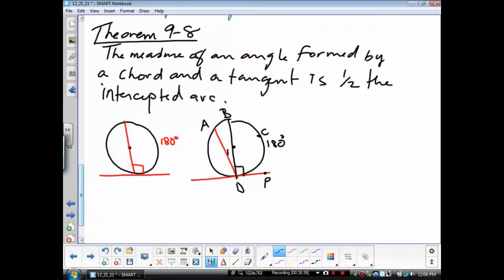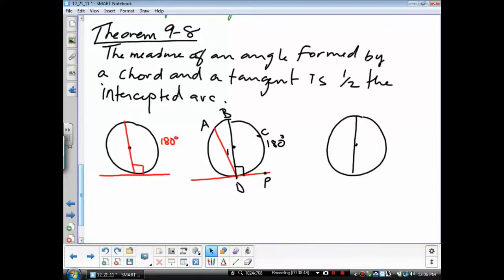The other one, which is the hardest of the proofs, is when you have an angle that is acute. So here is your diameter. Here is your tangent. And we're working with this angle.